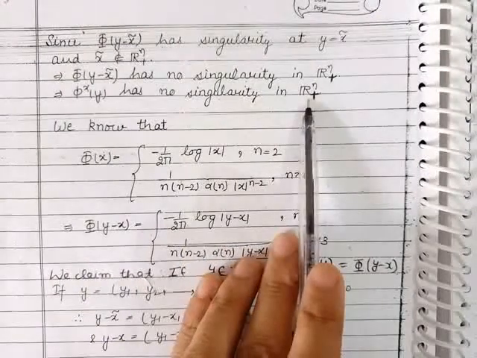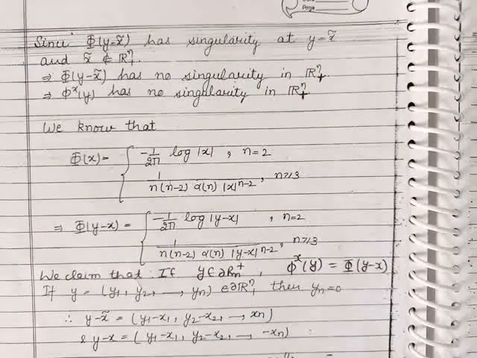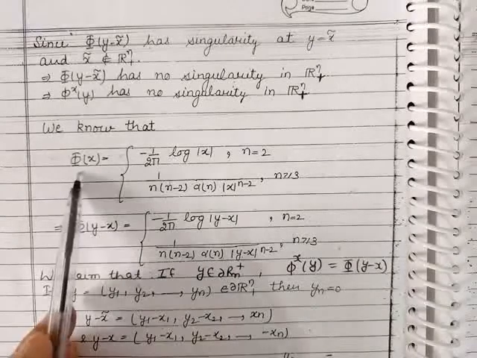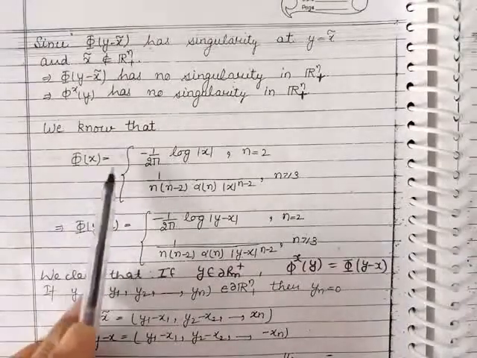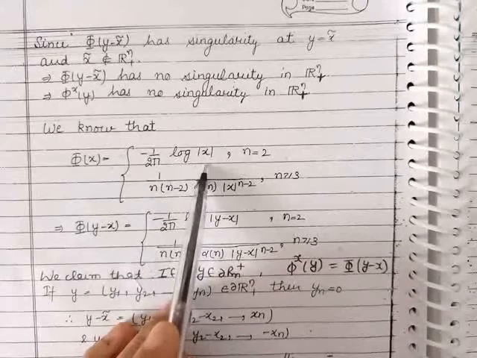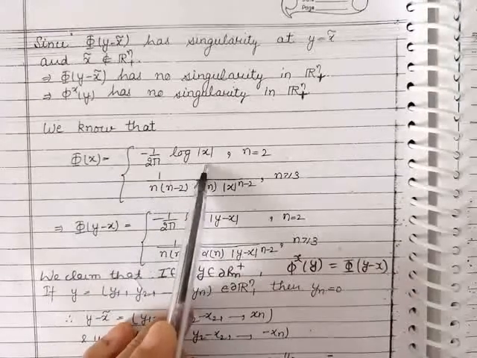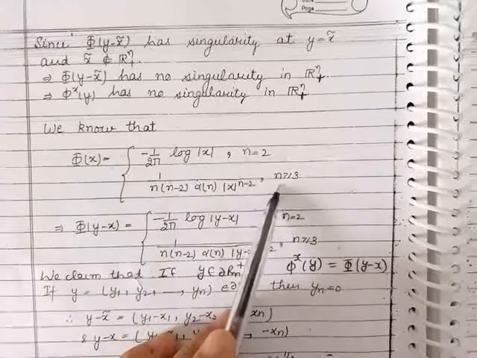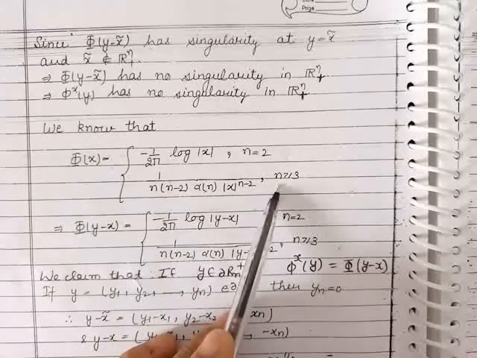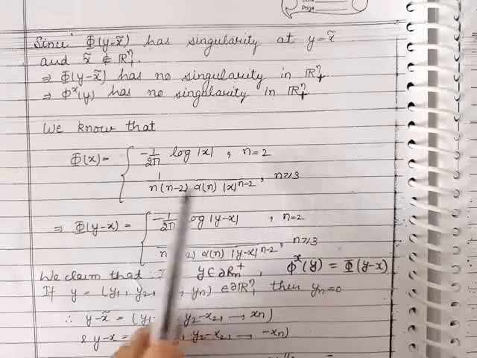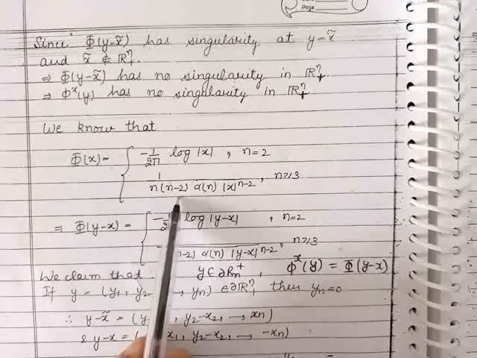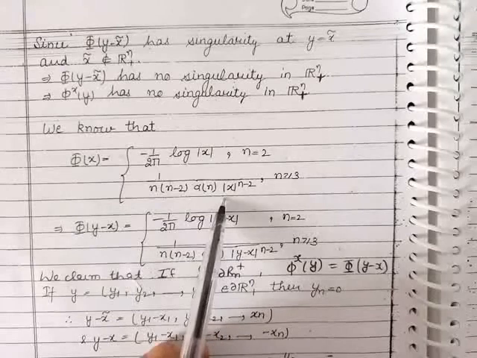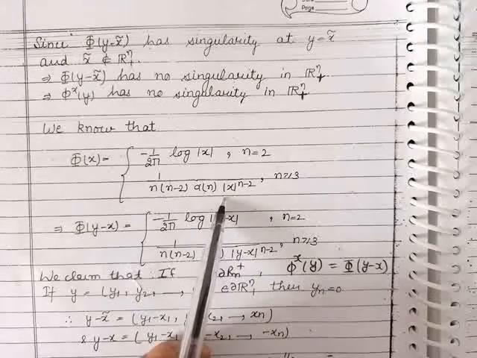Now, by definition, the fundamental solution of Laplace equation is given by minus 1 upon 2 pi log of mod x for n equal to 2, and for n greater than or equal to 3, this is defined as 1 upon n minus 2 alpha n into mod x raised to the power n minus 2.